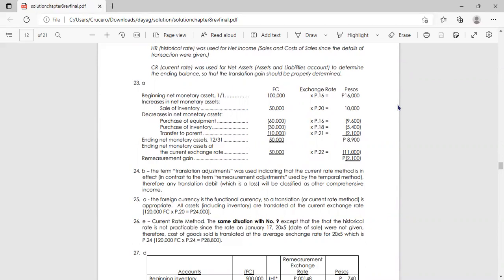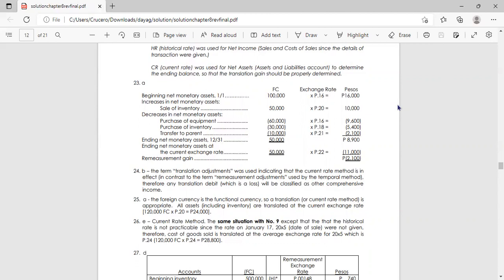So when we say translation, we have the current rate method as compared to remeasurement under the temporal method. Therefore, any translation debit, which is a loss, will be classified under comprehensive income.